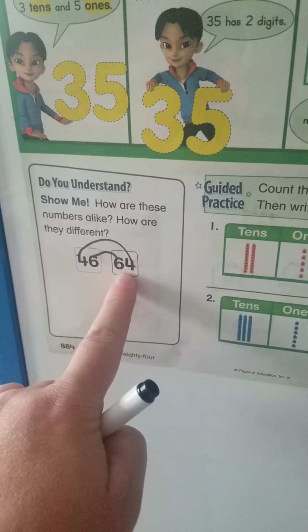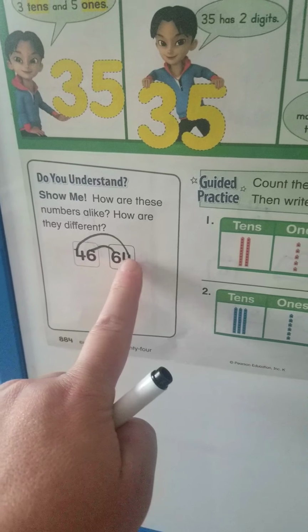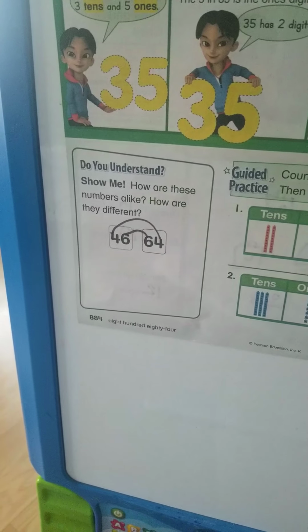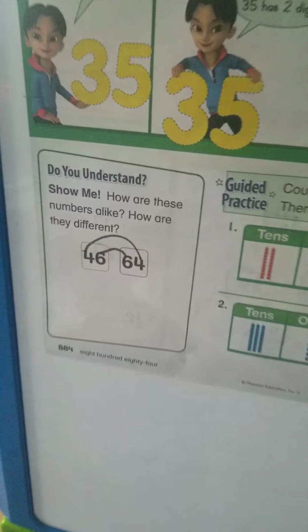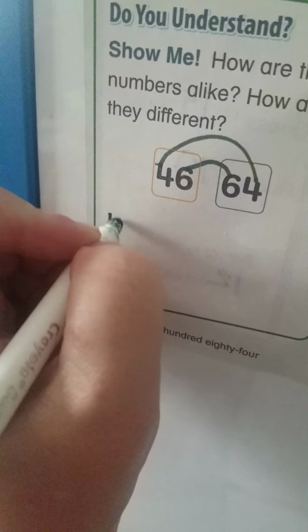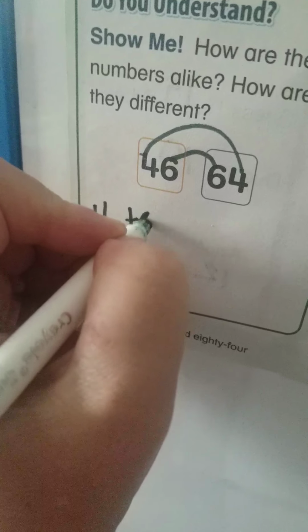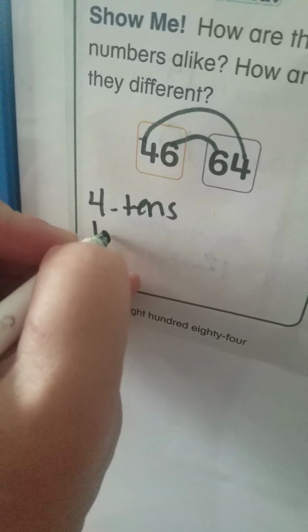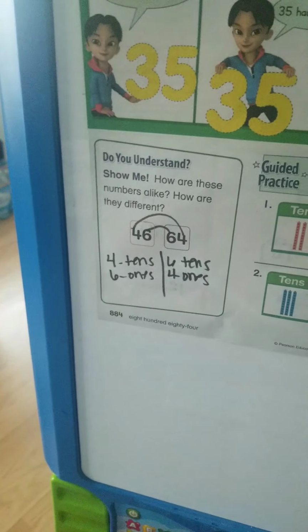In this number, the 6 is in the tens place and the 4 is in the ones place, right? So if you had to show that, you could say 4 tens, 6 ones on this side, and 6 tens, 4 ones on this side.